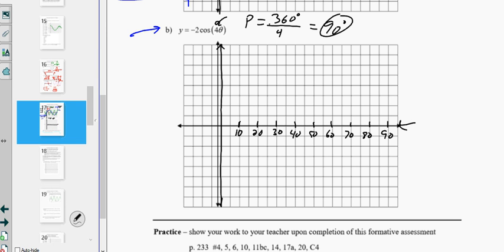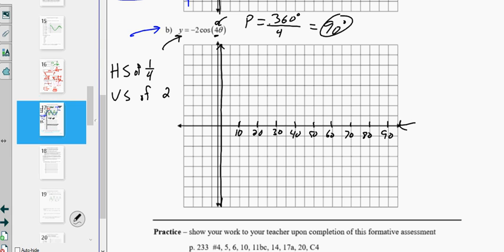Okay, I got a class coming, so I'm going to pause this. But you know what? For the sake of time, since I'm not going to be able to continue on with this video, I'd like you guys to actually figure this one out. I'll help you out though. Looking at this one, we've got a horizontal stretch of 1 over 4. We've got a vertical stretch of 2.